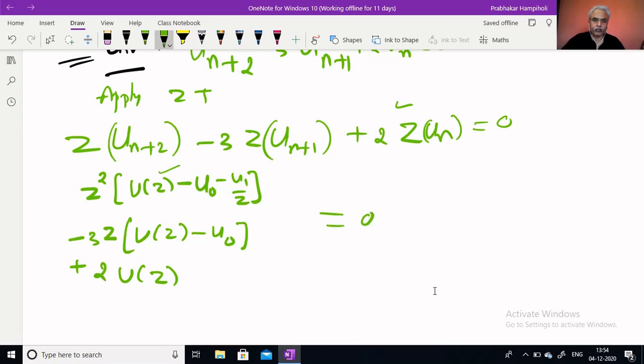Right hand side 0. Now we have to substitute the values of u0 and u1. What is the value of u0 given? u0 is nothing but 0. So put u0 is 0 and u1 equal to minus 1.